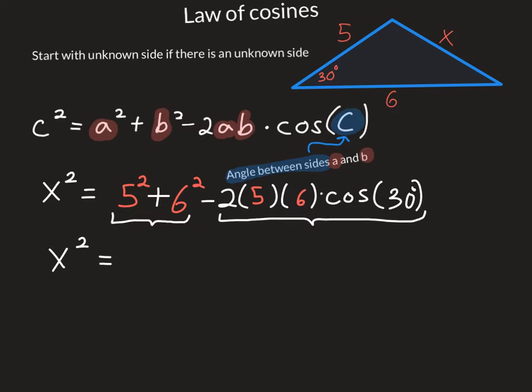Don't forget your squared on that left side. I'm going to copy down this minus to make sure that I don't miss that as well. And now I can calculate my two sections. If I go 5 squared plus 6 squared, or 25 plus 36, I'll get 61 there.